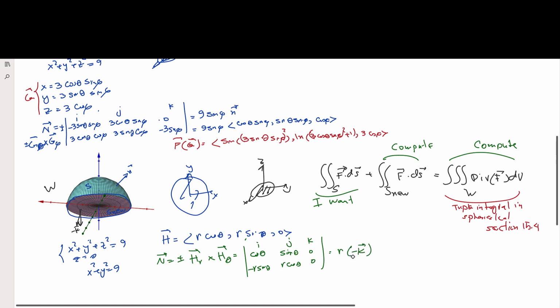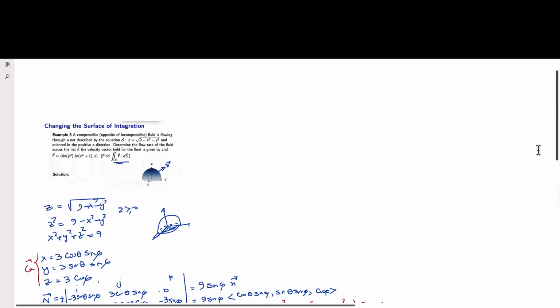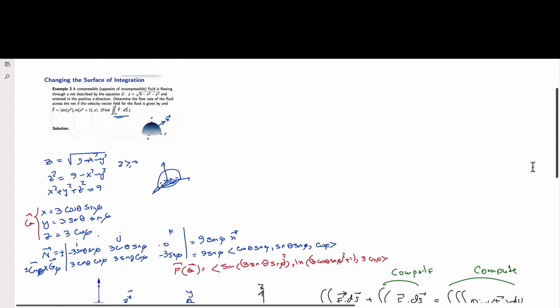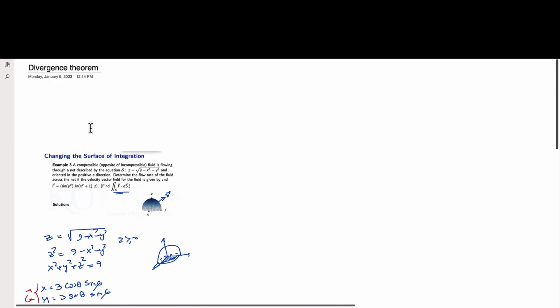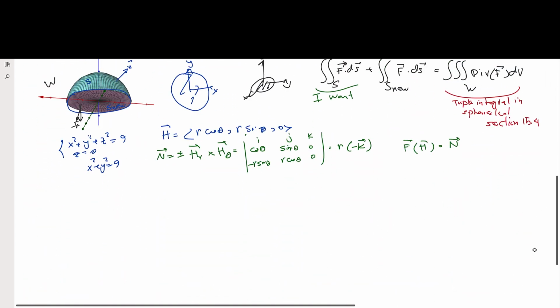So let's go back. I know I need to find f of h and then dot it with the capital N. Let's figure out what f was. Because I'm dotting it with negative k, the only z value is important to me. So I can write it as something, something, and z dot n.